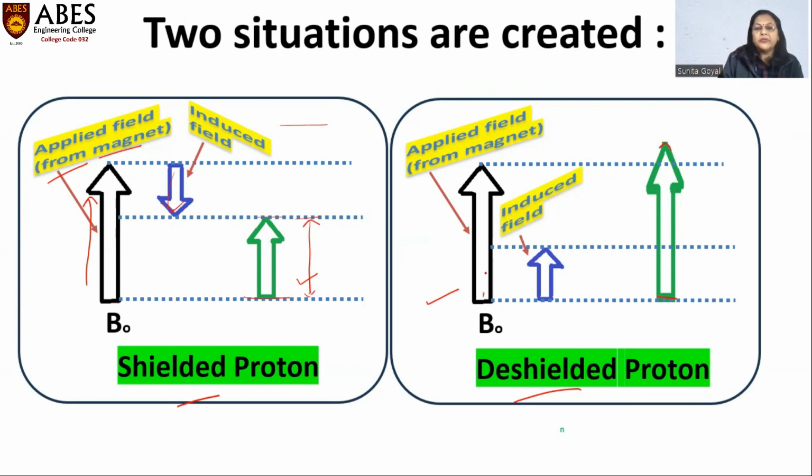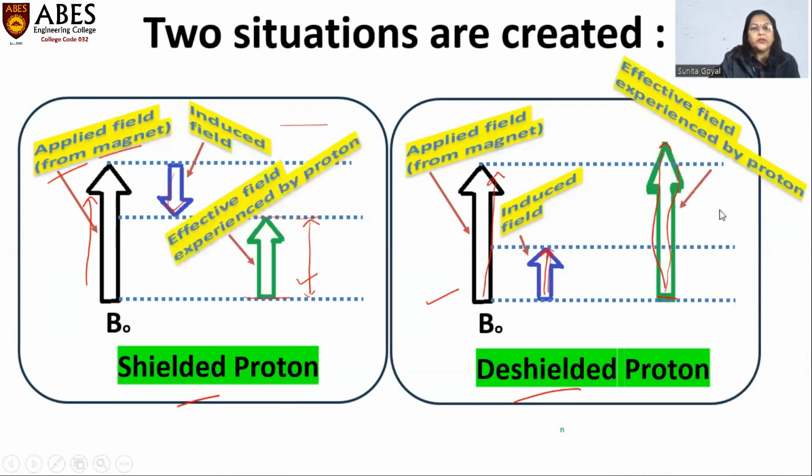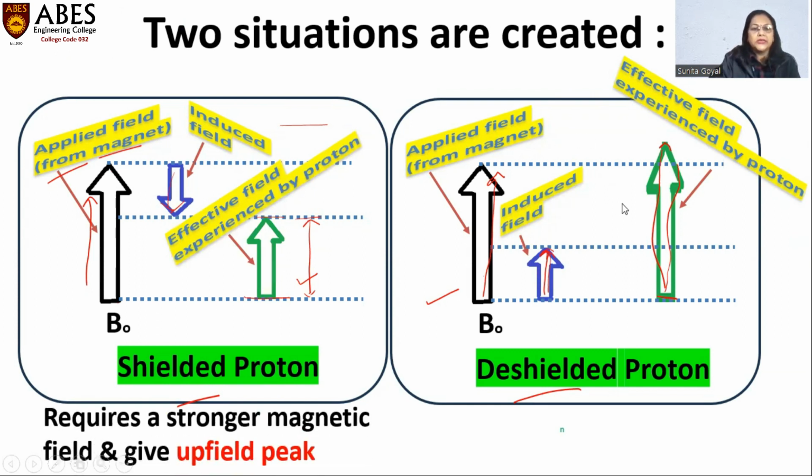That means the applied magnetic field is this much, but as the induced field created in the vicinity of the protons, due to circulating electrons, is in the same direction as the external magnetic field, the resultant magnetic field at the proton will be enhanced compared to the external field. Therefore, the effective field experienced by the proton is this much in each case.